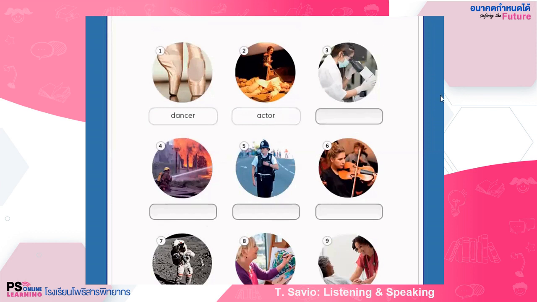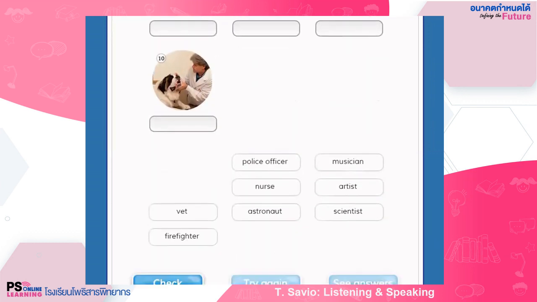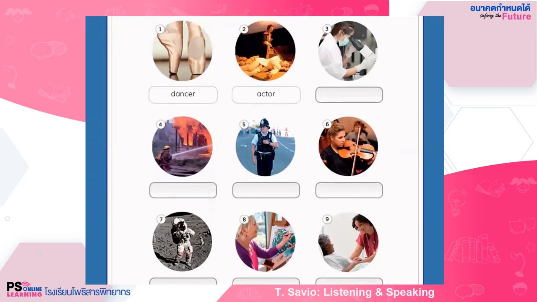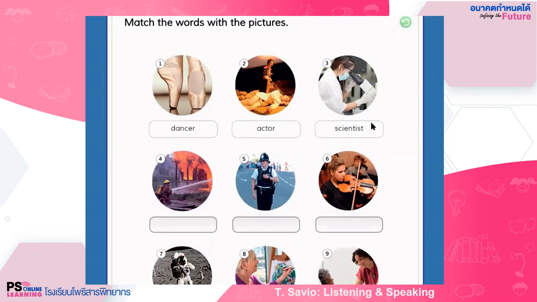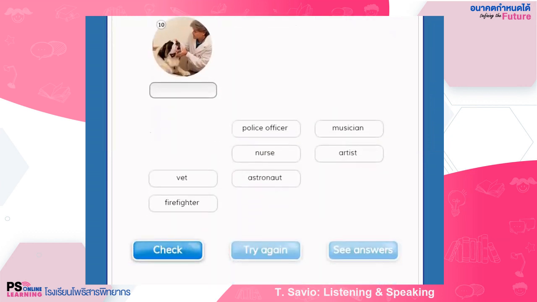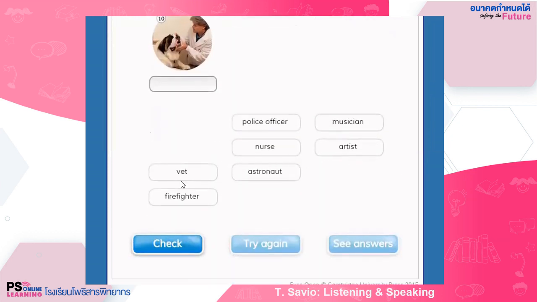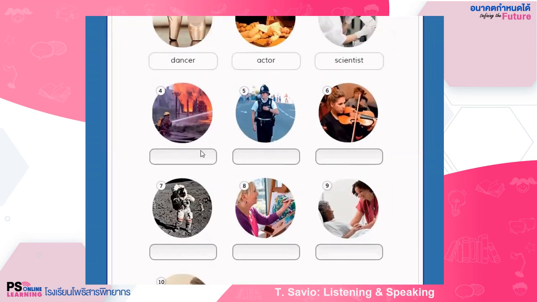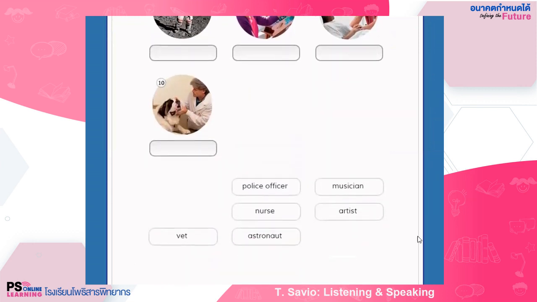Number 3, a scientist. Number 4, a firefighter. This one, number 5, a policeman or a police officer.